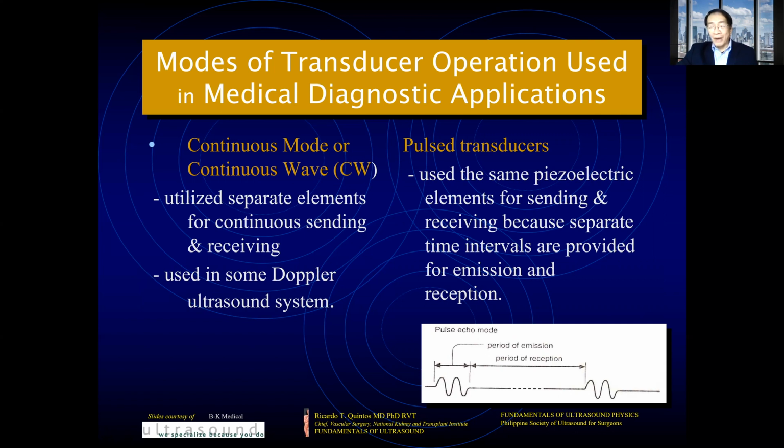And when the echoes arrive, the echoes make it vibrate, and then the vibration will create electrical energy that will be sent back to the CPU. So the pulse transducers will pulse and then listen, will transmit and then listen.